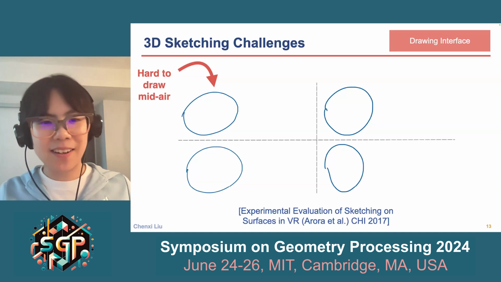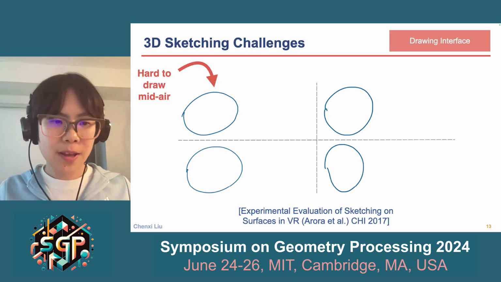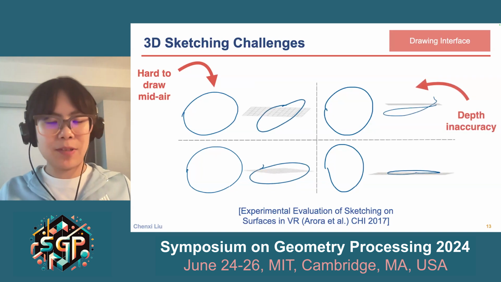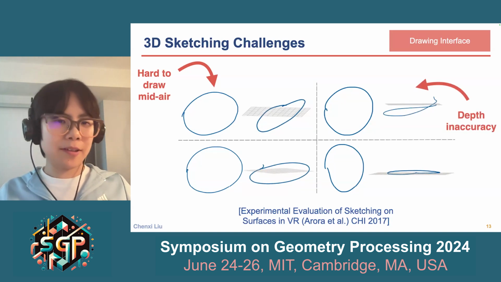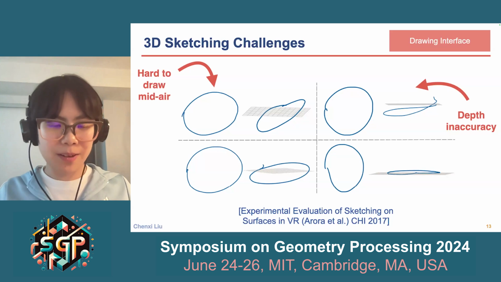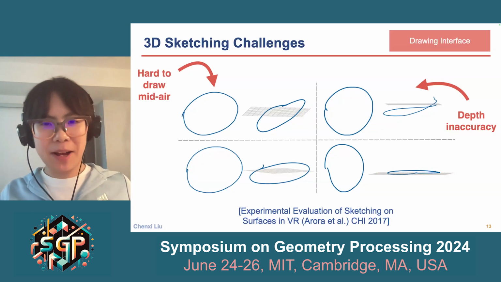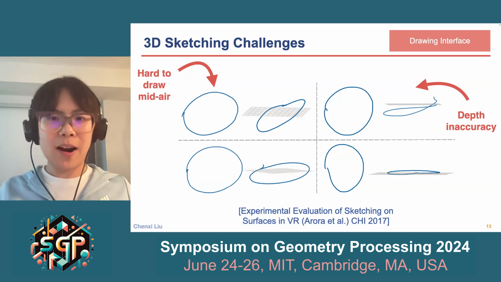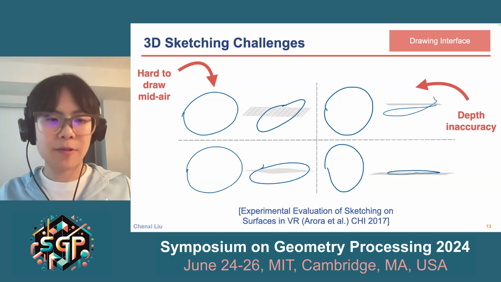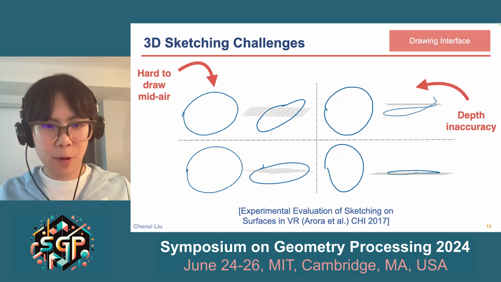So we can see here, it's very hard to draw an accurate curve. And it's even worse if we see from the side view. They are not really accurately on the plane. And this is because it's really hard to perceive depth, and it's also really hard to do depth correctly in this scenario. And of course, there are the ergonomic problems we saw before.